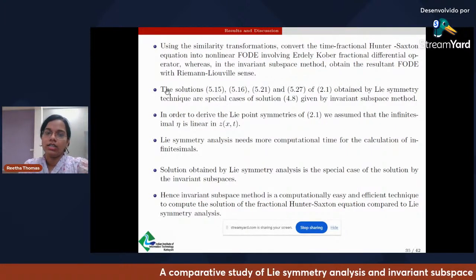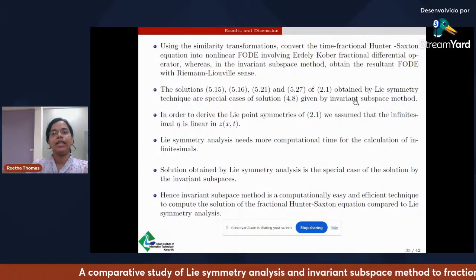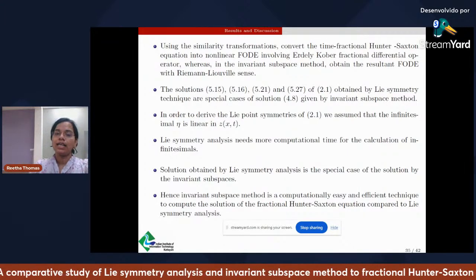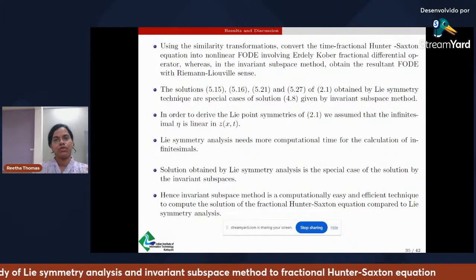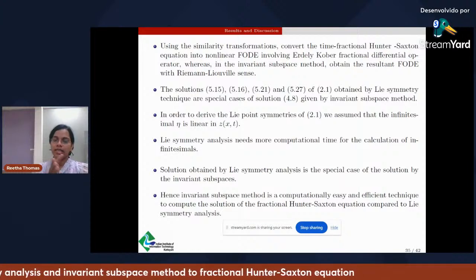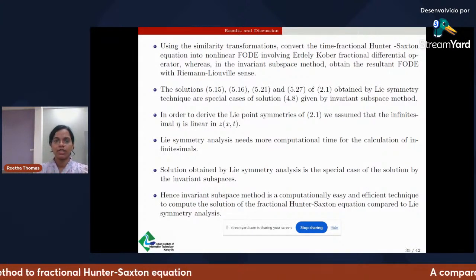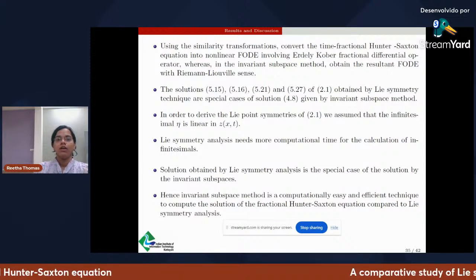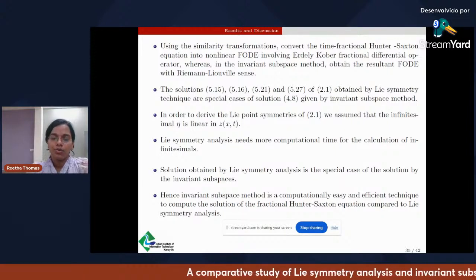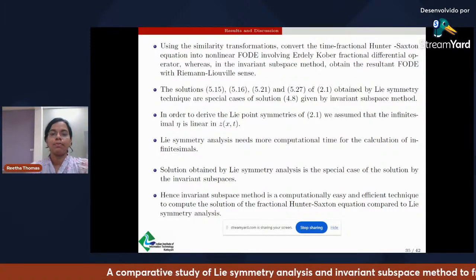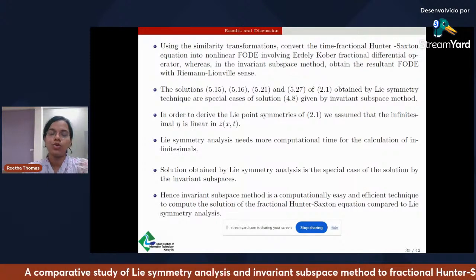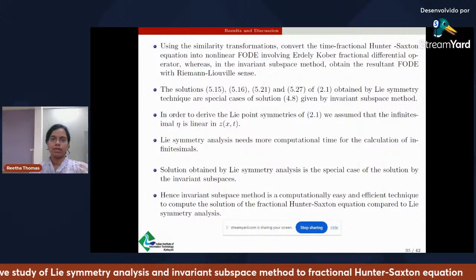And the solutions obtained in Lie symmetry analysis are special cases of the solutions of the invariant subspace method. In the invariant subspace method, we obtain g of t, which is a general function.